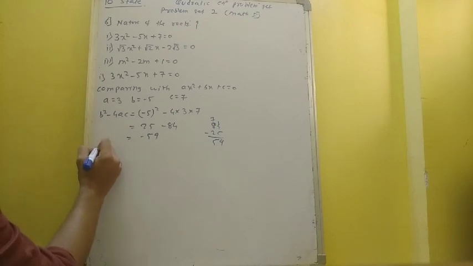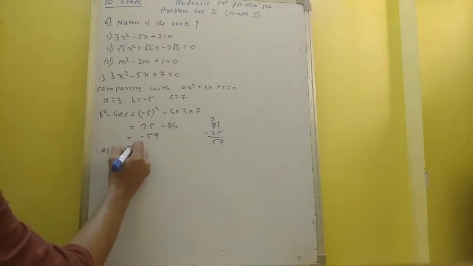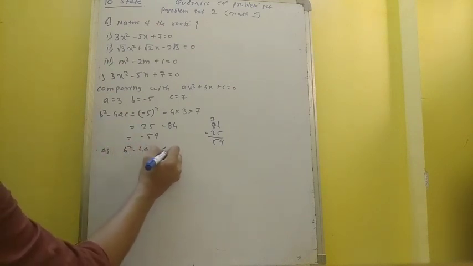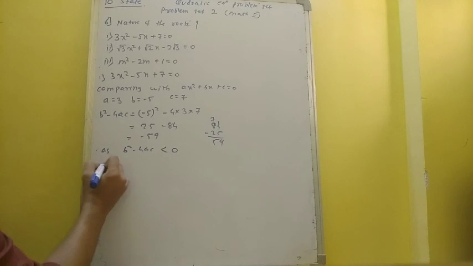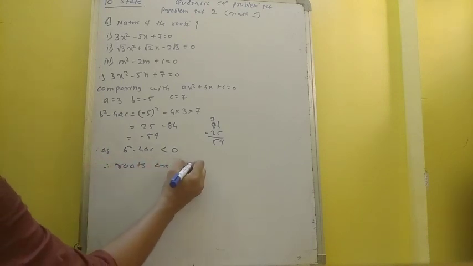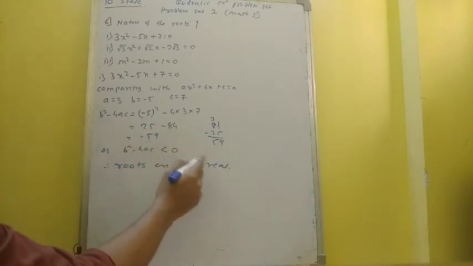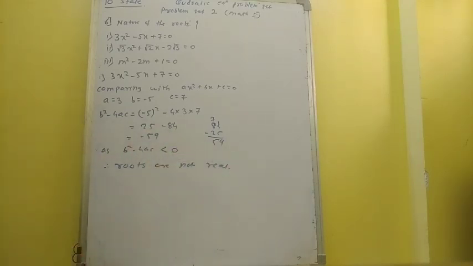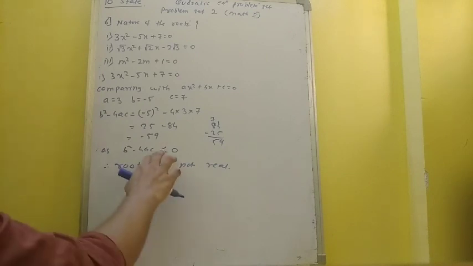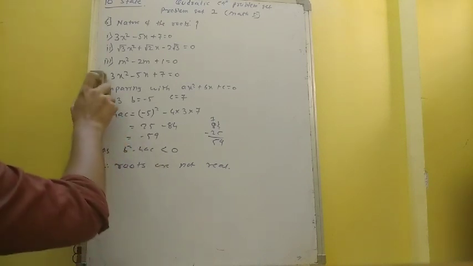As b square minus 4ac is less than 0, therefore roots are not real. Okay, if it is greater than 0, it is real and unequal, and if it is equal to 0, then it is real and equal. Okay, so take the screenshot of this if you want. I'll erase and do the second one.